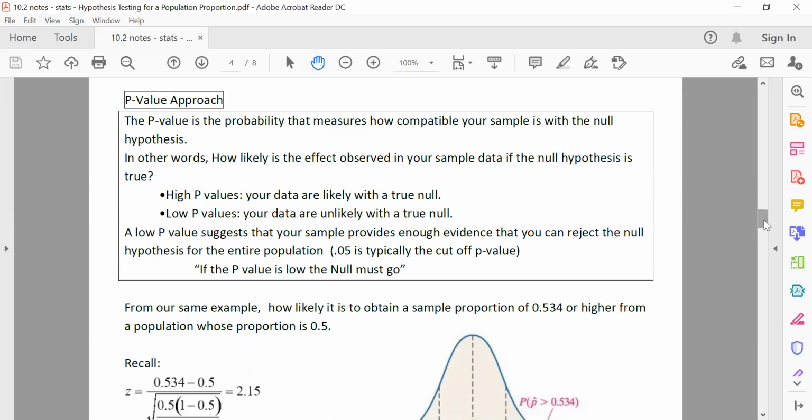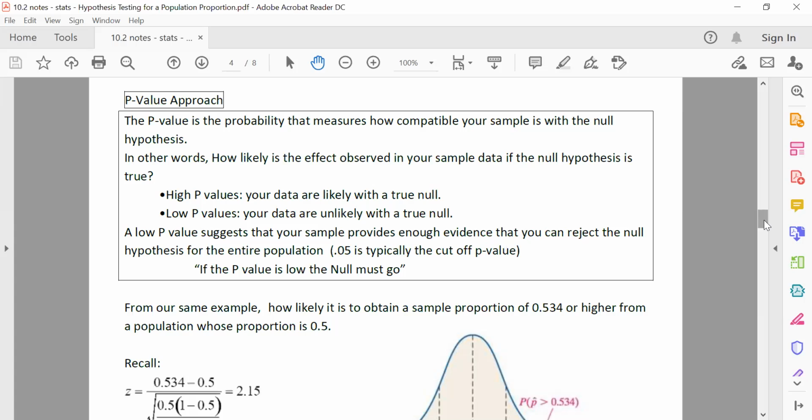Finally, our next approach is going to be something called the p-value approach. We'll end with this little blurb here. This measures the probability that your sample is compatible with the null hypothesis. That's a good way to put it.